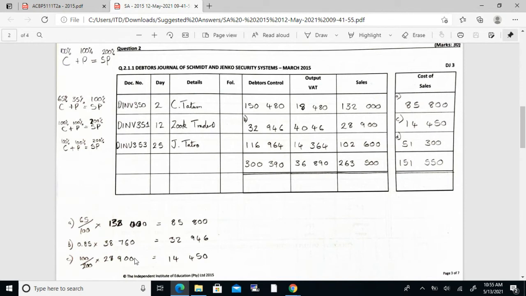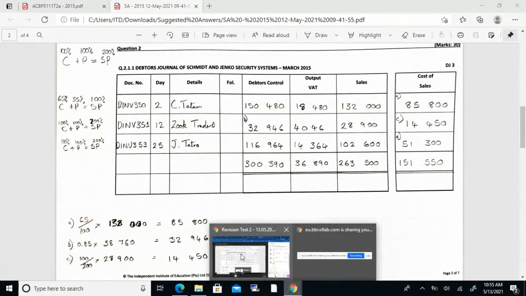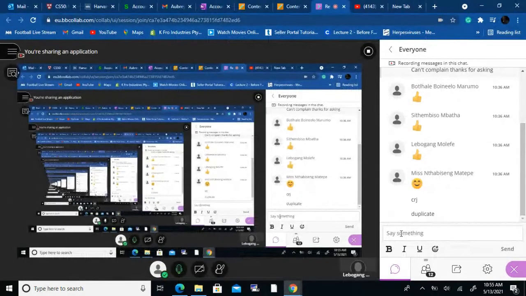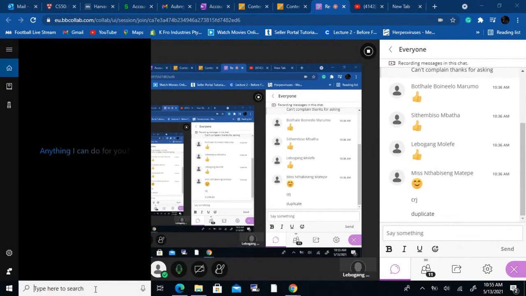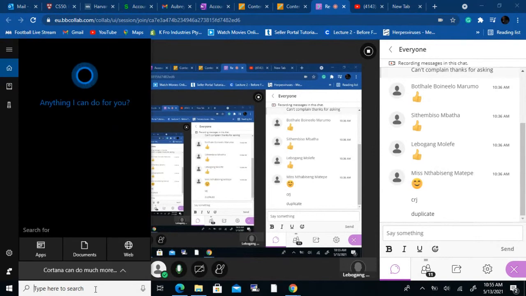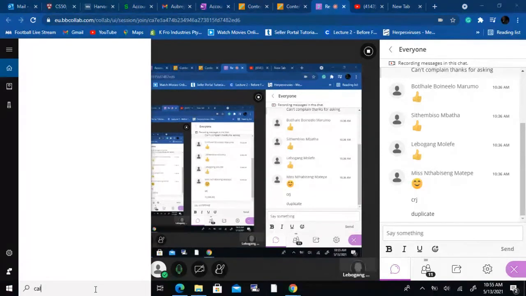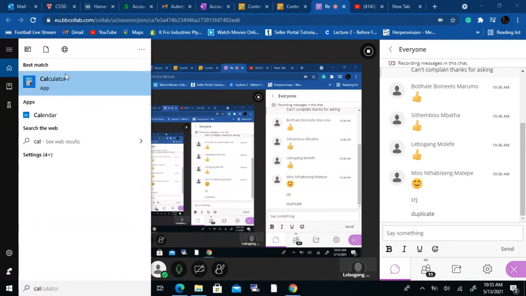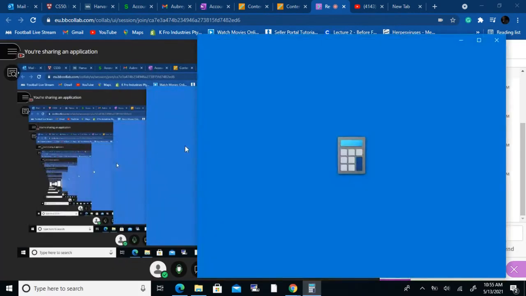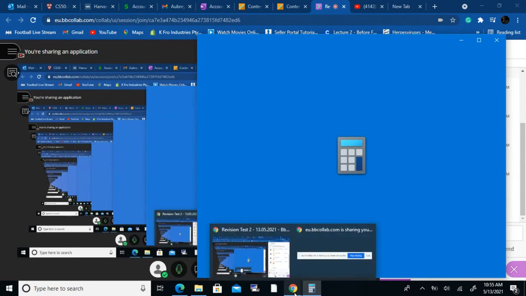So I'm going to do this in the chat because I want to make sure everybody's with me. Let me look for a calculator on this. I want you guys to have the correct amounts there.